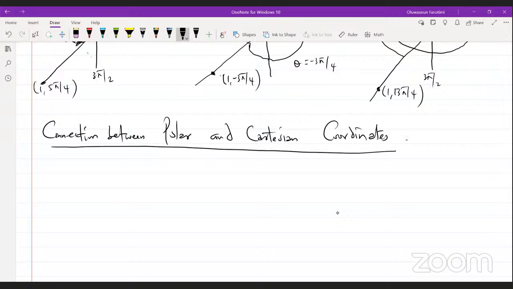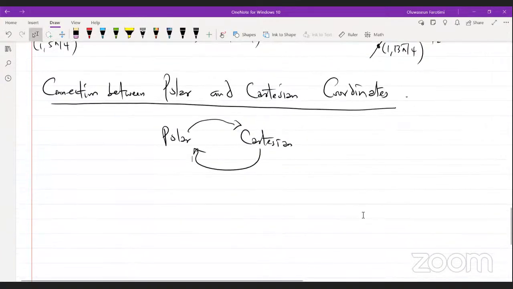We can convert from Cartesian coordinates to polar coordinates, and we can as well convert from polar coordinates to Cartesian coordinates. We can go from here to here, and then revert back. Okay, so let's see.